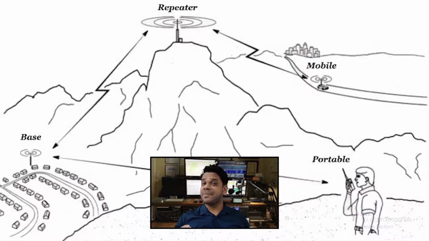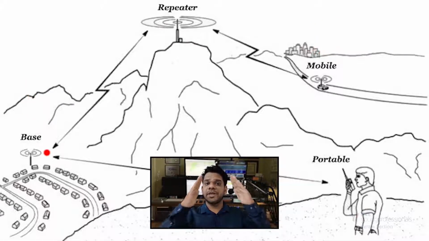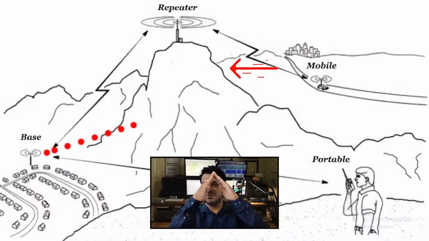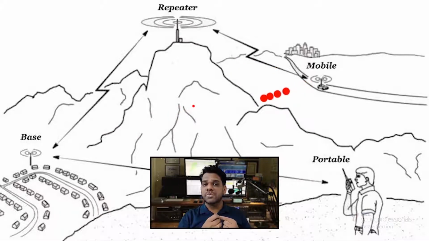To understand amateur or ham communication, let us see this diagram. Here you can see there are 2 transceiver base units, and since these 2 base units are separated geographically by this mountain, we cannot communicate directly, as the line of sight is obstructed by this peak.